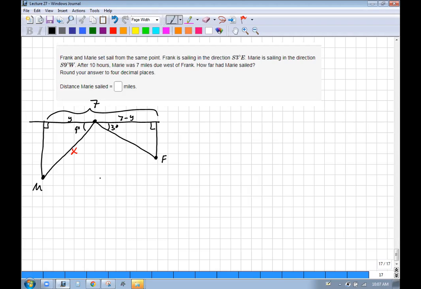If we don't assume that these are the same length, I don't know how you can do this problem. I guess I could figure out what this is, but this and this are going to be different. I think we have to assume that these are the same length.